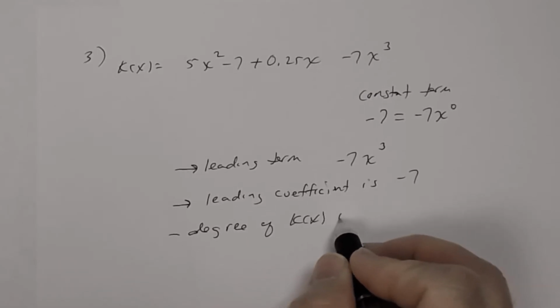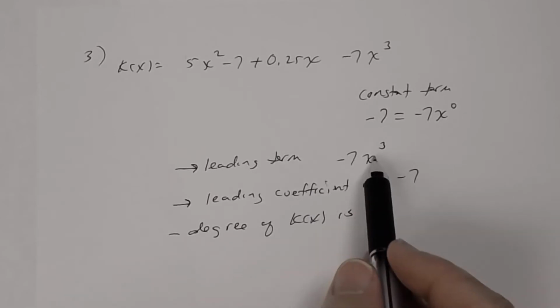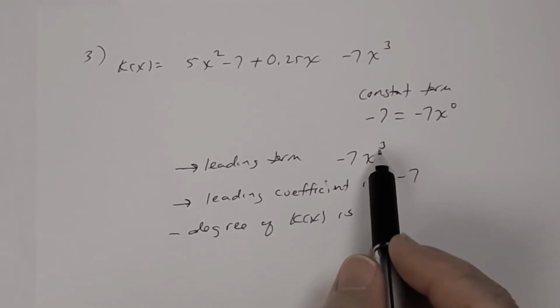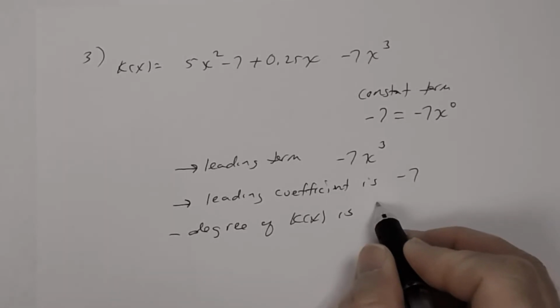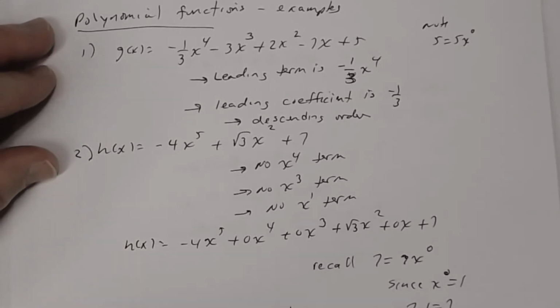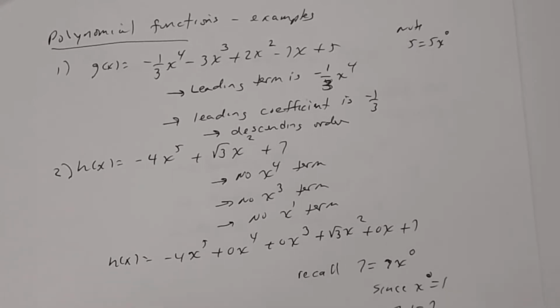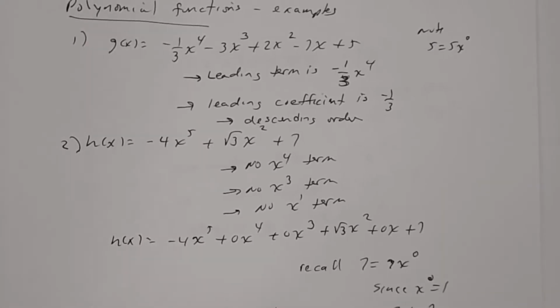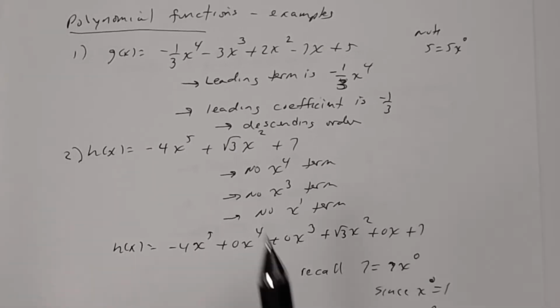Okay? The degree of k of x is what? Remember the degree? You can take it from your leading term. What's your leading term? It's this, right? So what's the largest exponent you see? 3. So the degree of k of x is 3. Now, I want to say something. If you look at number 3 and you look at number 1 and 2, chances are you probably would not have missed the leading term, because even if you thought the leading term means the first term, you would still have gotten these correct.